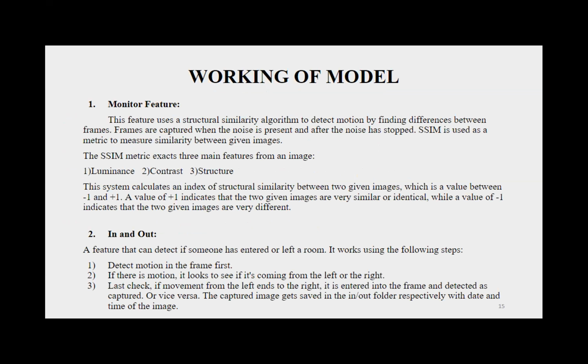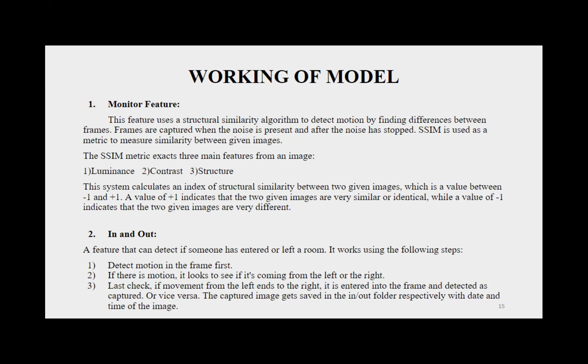The SSIM metric extracts 3 main features from an image: luminance, contrast, and structure. This system calculates an index of structural similarity between 2 given images, which is a value between -1 and +1. A value of +1 indicates that the 2 given images are very similar or identical, while a value of -1 indicates that the 2 given images are very different.